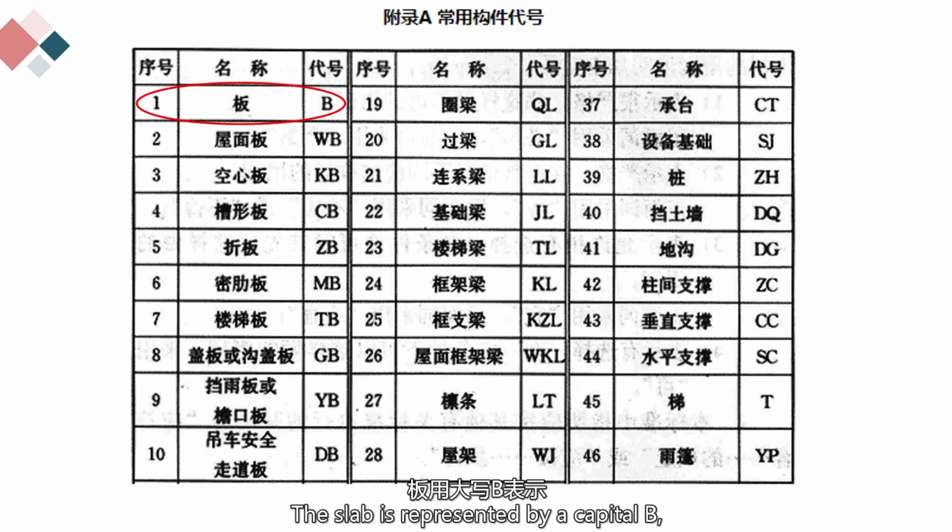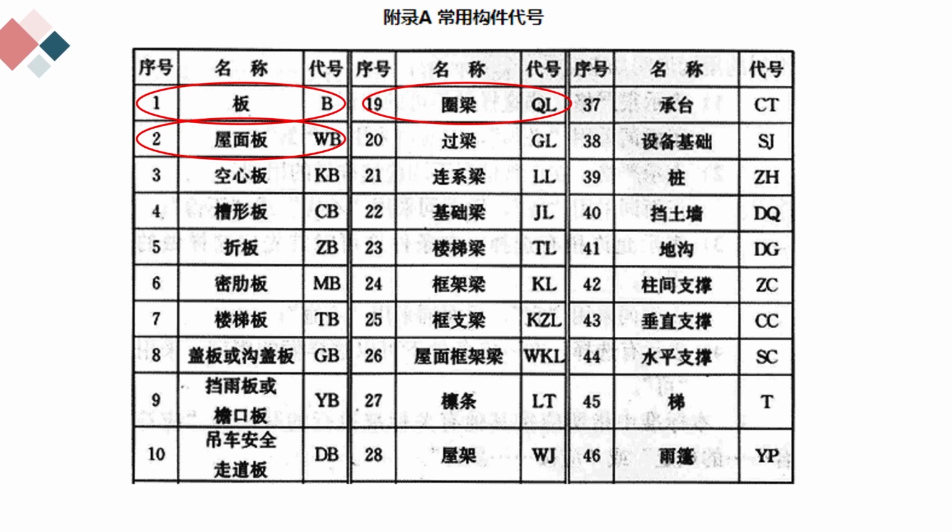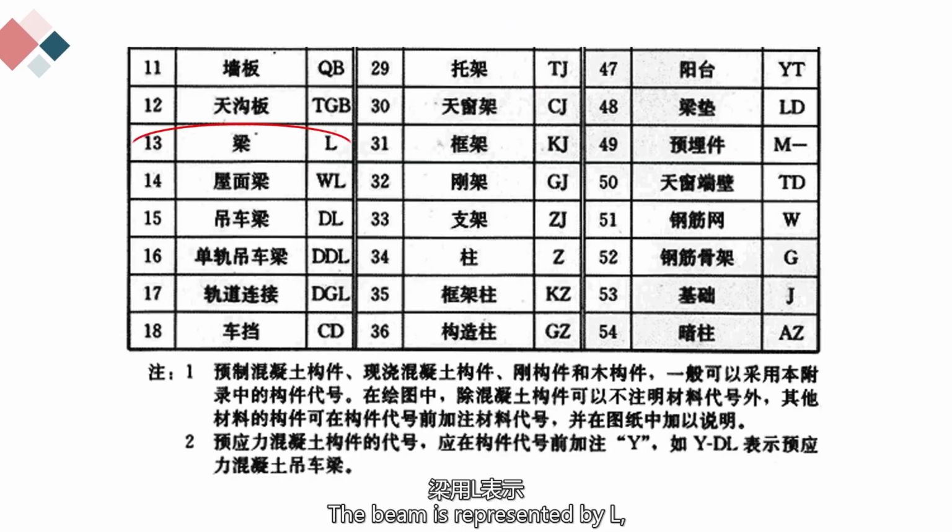The slab is represented by a capital B. The roof slab is represented by WB. The ring beam is represented by QL. The stair slab is represented by TB. The beam is represented by L. The balcony is represented by YT.